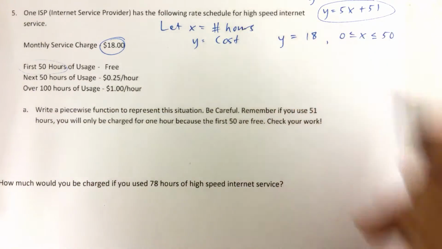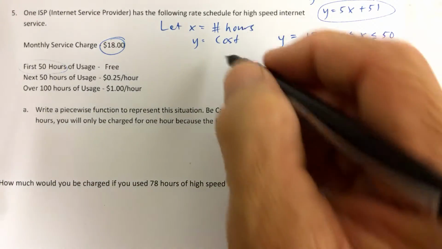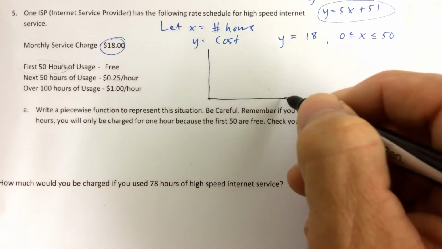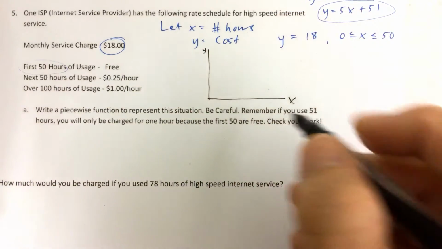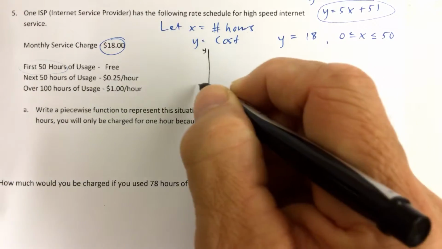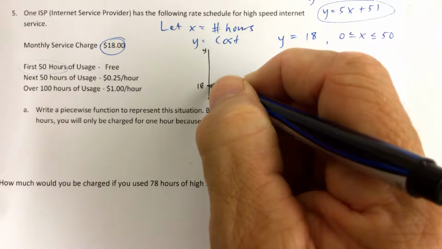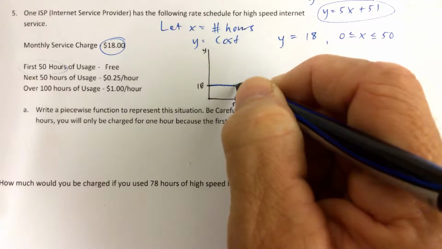You can't just jump right into the piecewise function. That's why I like to draw the graph. Let's try to squeeze that in up here. If we go up to 50 hours, then we're going to be paying $18. No matter how many hours we use, the cost will still be $18.